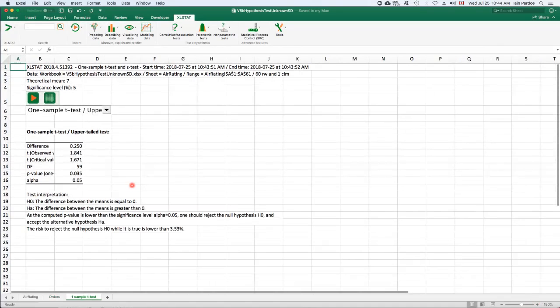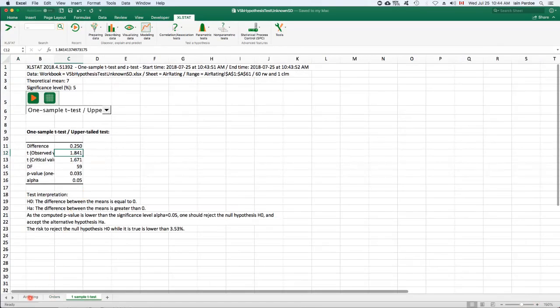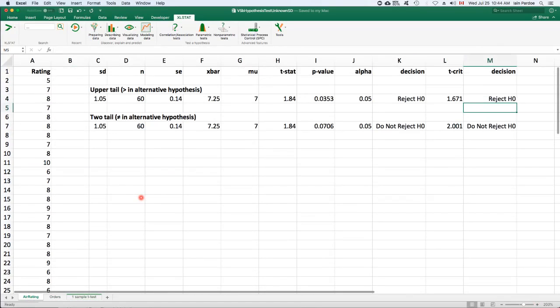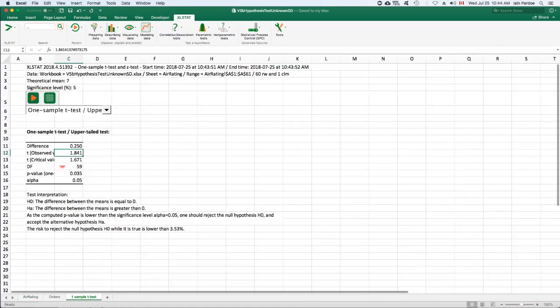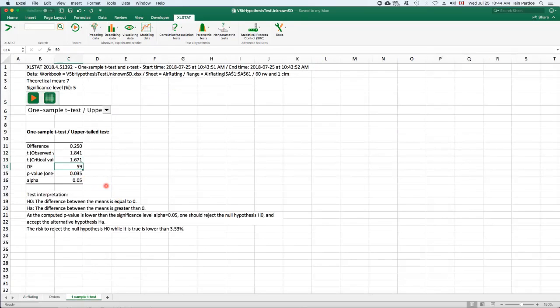Let's just check we got the same numbers we got before. So our test statistic, 1.841. There we go, 1.84. Our t-critical value, 1.671. That's this number here. 59 degrees of freedom. Our p-value, 0.035.